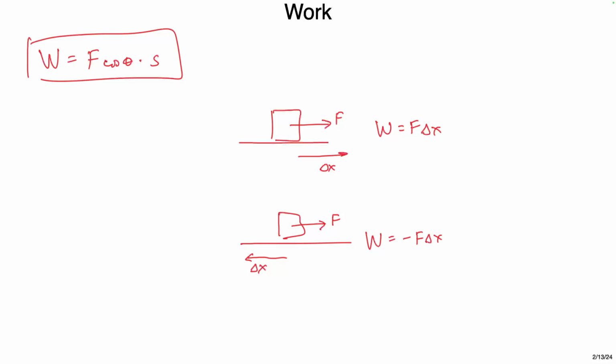Well, what's the angle between the force and the displacement? Not 0. It's 180 degrees, right? 180 degrees is the way we say things are opposite each other. And what's the cosine of 180? It's -1.